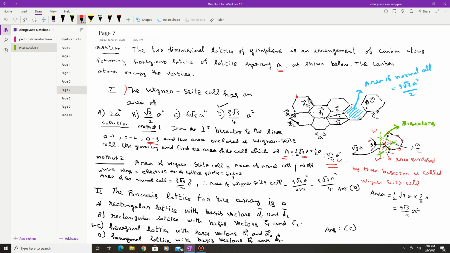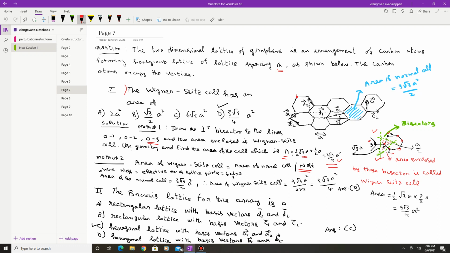Another method: the area of the Wigner's cell is the area of the normal cell divided by the effective number. The normal cell is the hexagon, and the side of the hexagon is a.